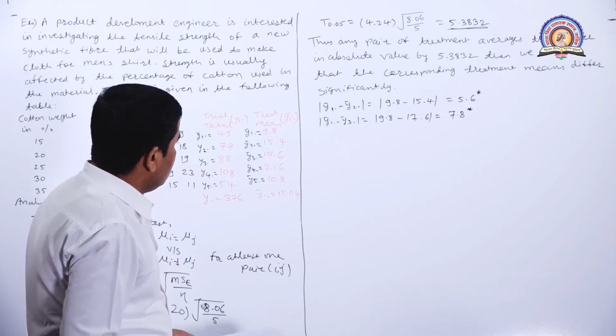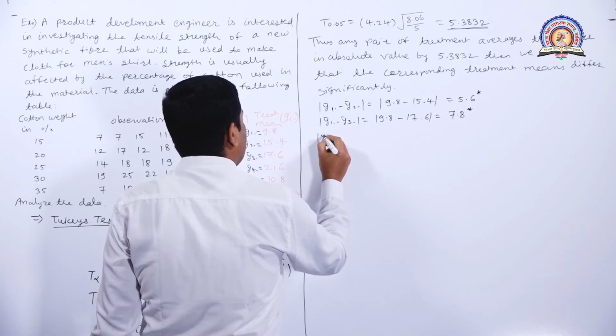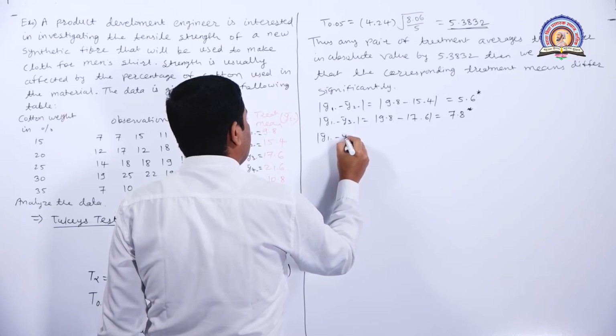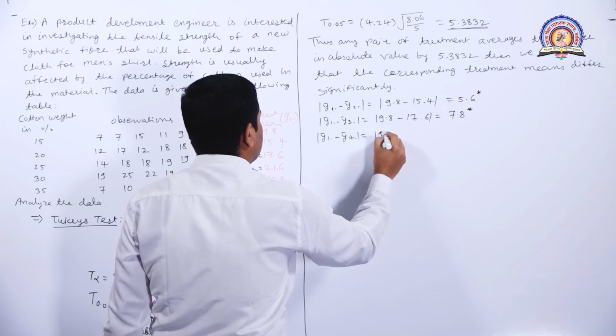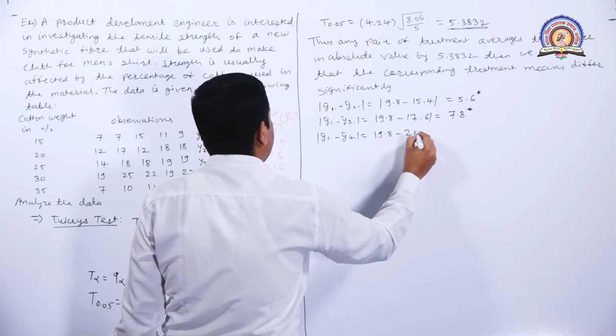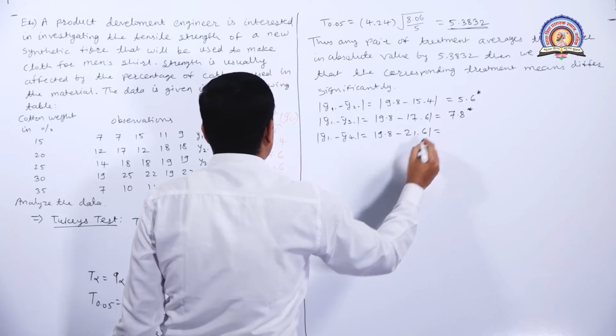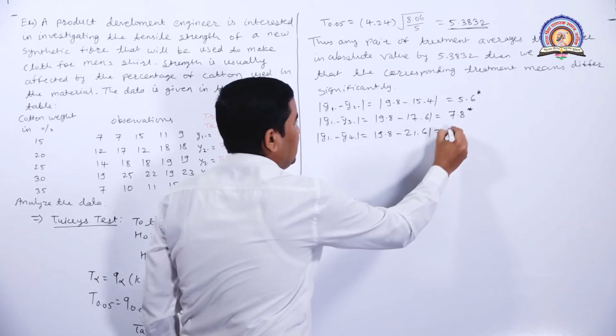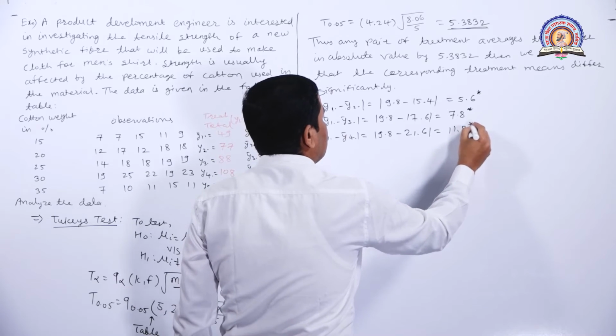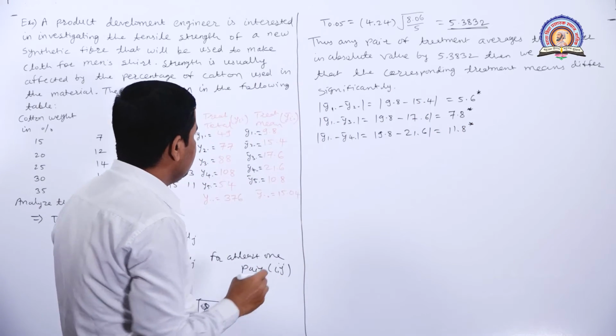Right? Now take 1 versus 4, y bar 4 dot, 9.8 minus 21.6. This absolute difference will become 11.8. So 11.8 is also greater than this 5.3832.